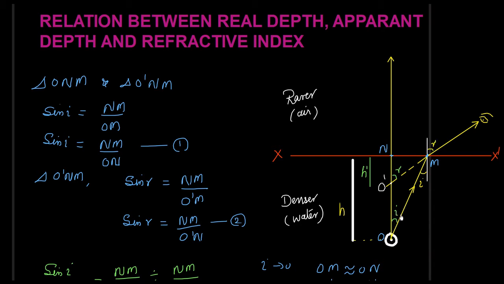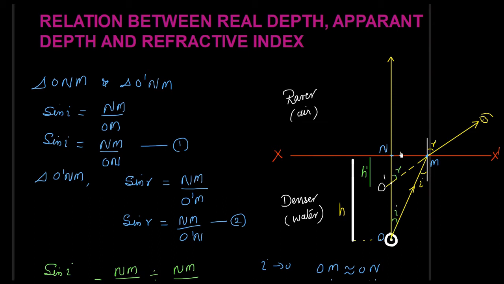So if I is the angle of incidence, then angle MON is also I. Similarly, these two normals are parallel and MO dashed is the transversal. If R is the angle of refraction, the corresponding angle is R, which is MO dashed N.